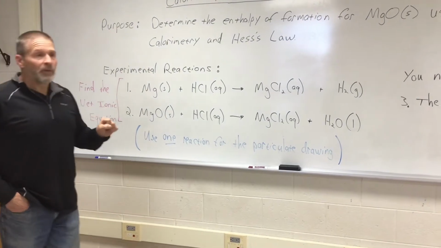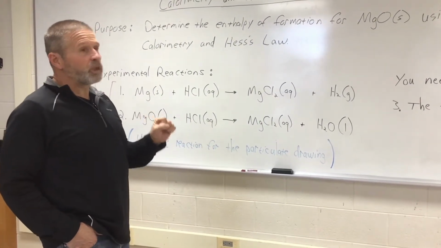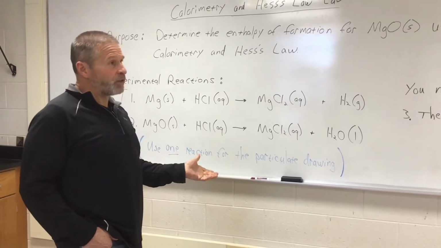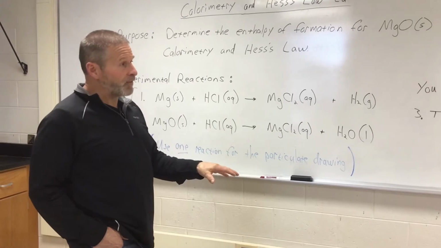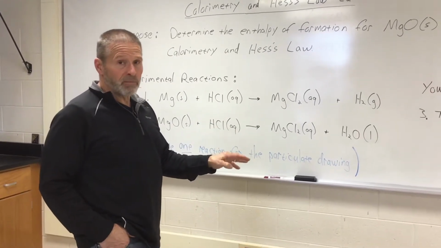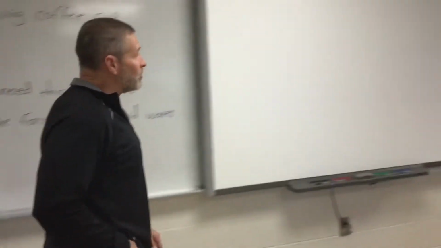Now in the end, what you're going to do is figure out your percent error between the experimental value and the theoretical value for the enthalpy of formation of magnesium oxide. I don't know if you've dealt with percent error before.